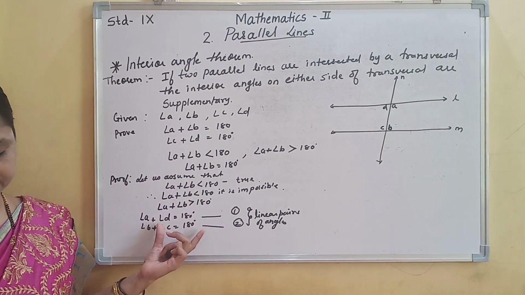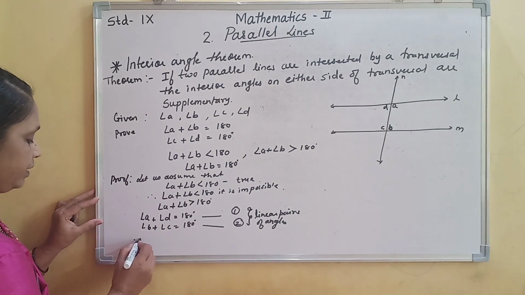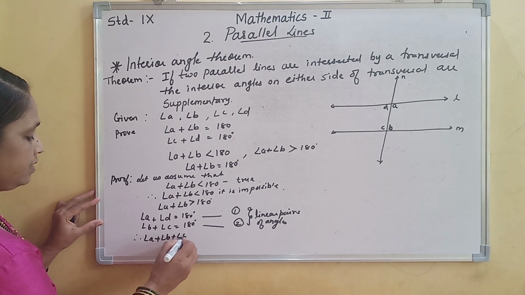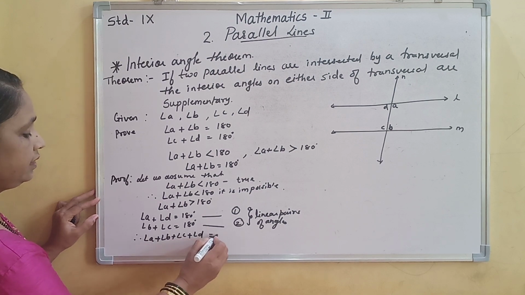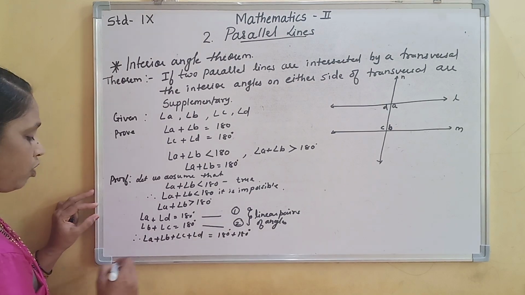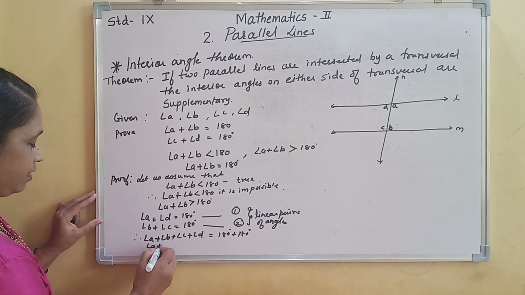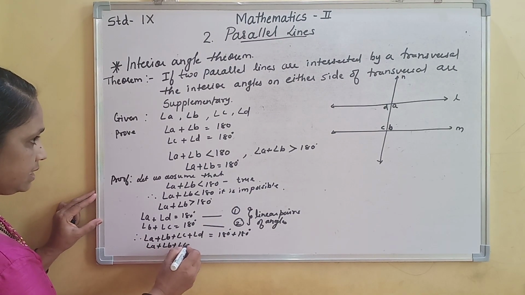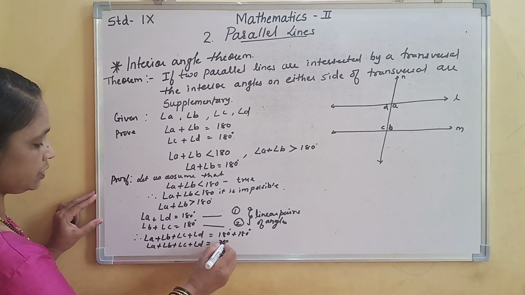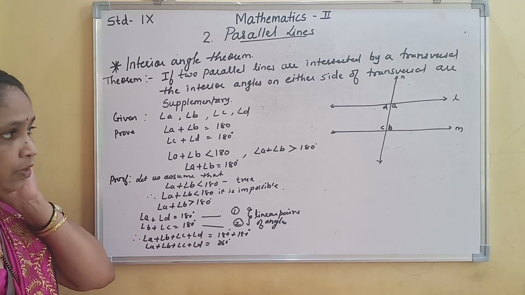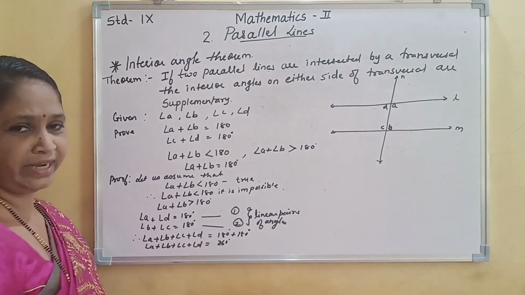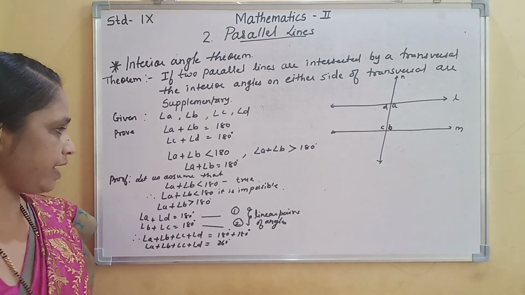Now if we add these, therefore what will it be? Angle A plus angle B plus angle C plus angle D is equal to 180 degrees plus 180 degrees. Means it will be what? Angle A plus angle B plus angle C plus angle D is equal to 360 degrees. Okay. Now we know angle A plus angle B, this is what? 180 degrees, they are interior angles.